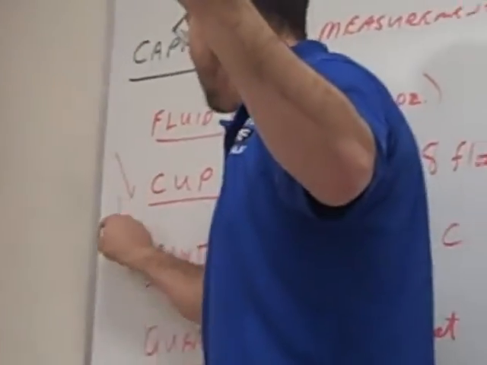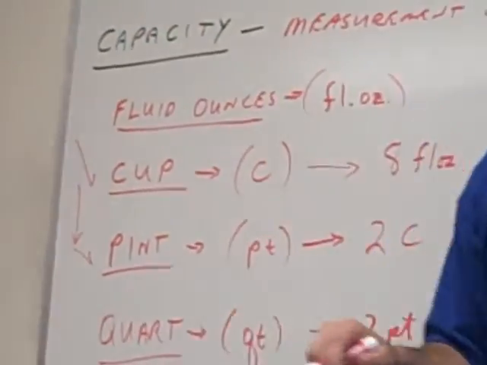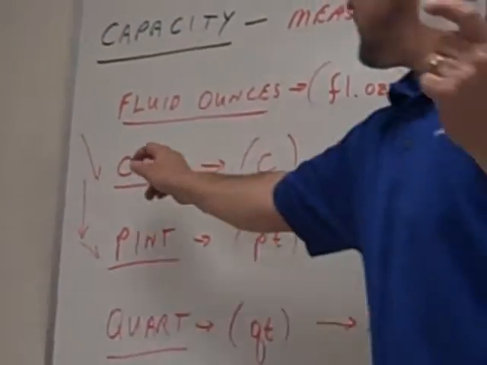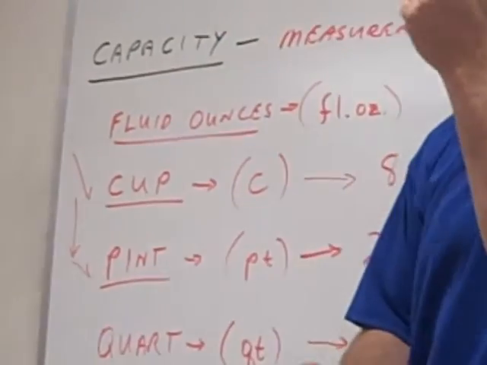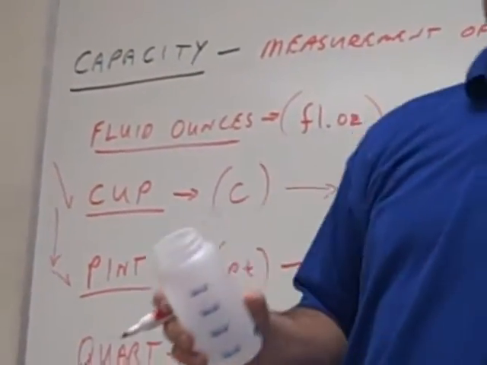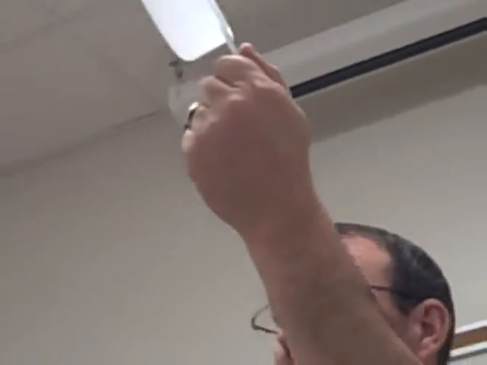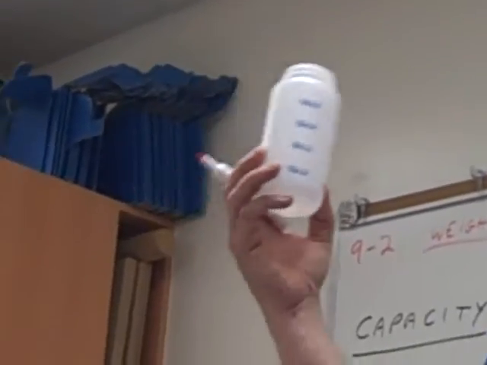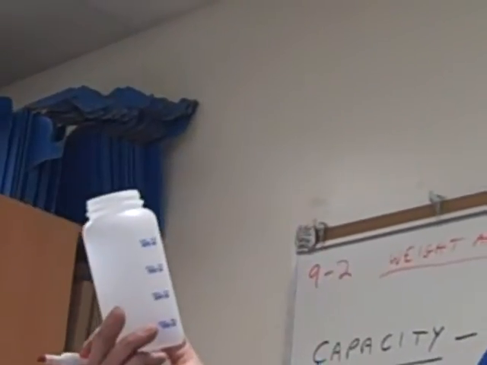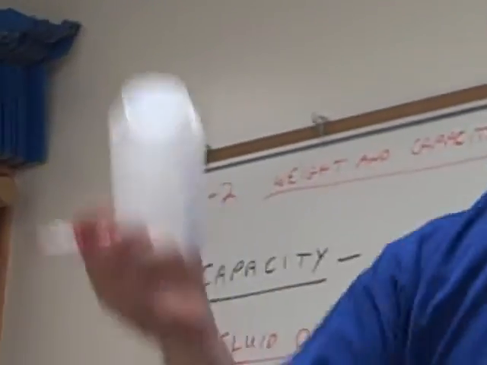So I was going from cups to pints, wasn't I? Started with cups, going to pints. I said I had 10 of these. How many of these would I fill up? And y'all yelled 5. How did 10 turn into 5 mathematically? Divided. Division.